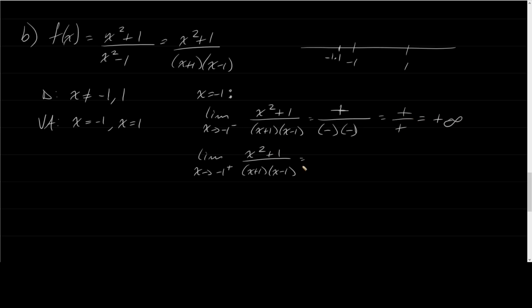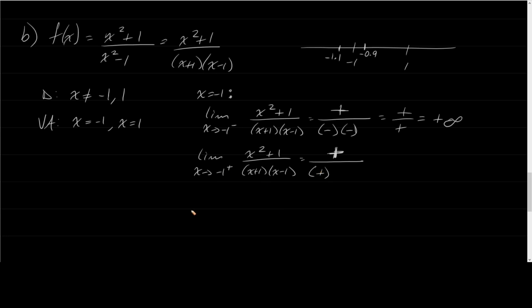On the next one, x squared plus 1, again, for the same reasons, the numerator is just positive. But now let's plug in something to the right of -1. So something to the right of -1 is something like -0.9. All right. So in here, what does this give us? We've got on the bottom here, -0.9 plus 1.